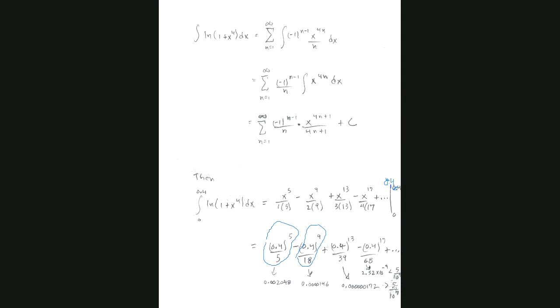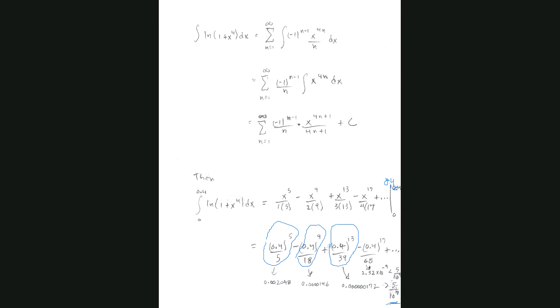That's not less than 5 over 10 to the 7th. The third term, 0.4 to the 13th over 39, is 0.000000172. That's still greater than 5 over 10 to the 7th.